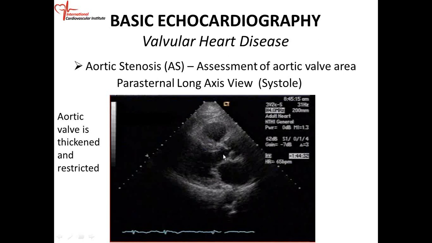So one of the first things you have to do is measure the diameter of the left ventricular outflow tract. You have to note the position where you do the measurement.